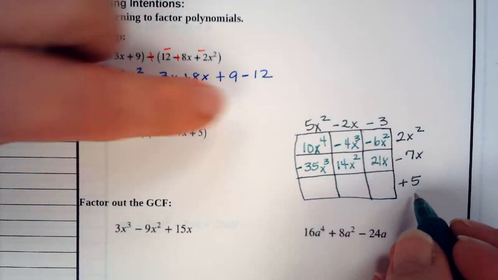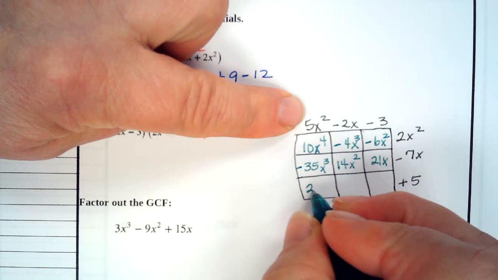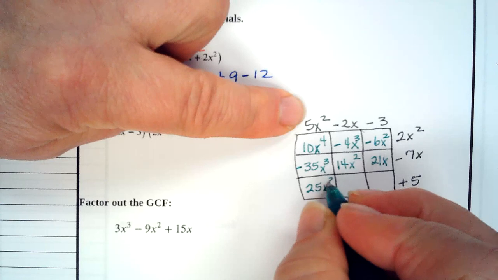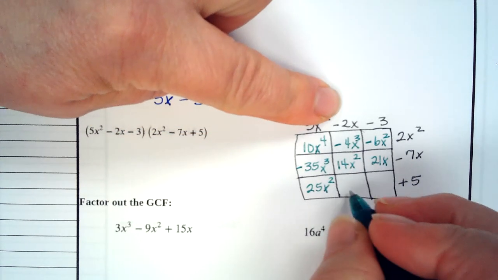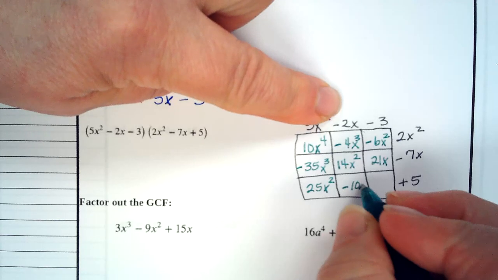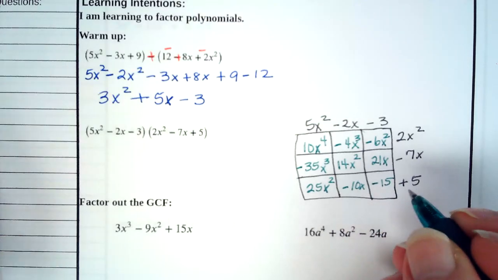We're ready for the last row. 5x squared times 5 is 25x squared. Negative 2x times 5 is negative 10x. Negative 3 times 5 is negative 15.